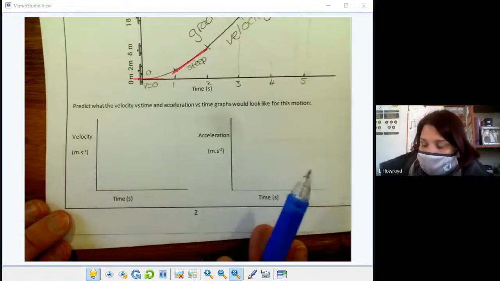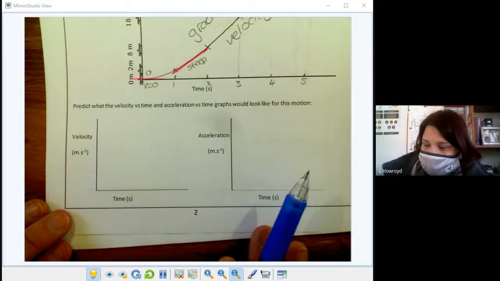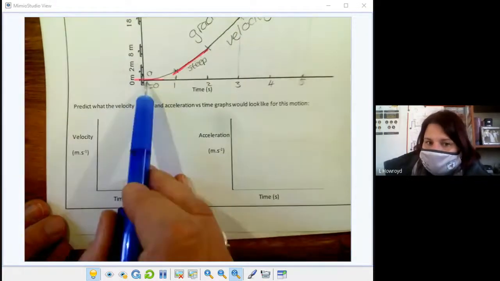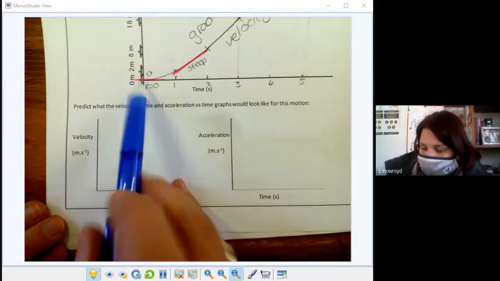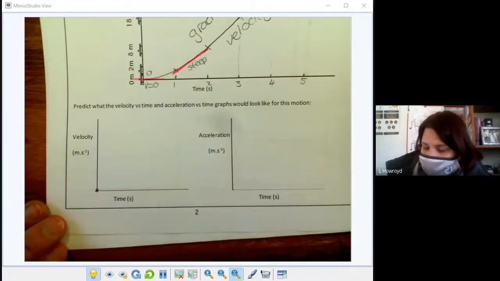Now, it is a constant increase of velocity, because it's a constant increase of the gradient. So now let's start at the beginning. Can you see that it starts at 0 velocity? So that means it has to start there. It starts at 0.